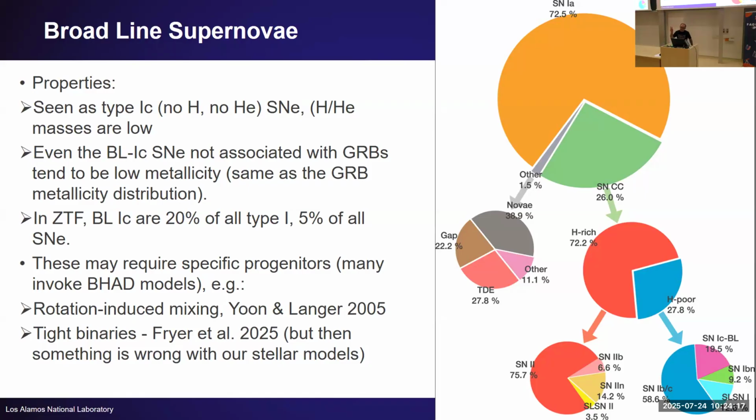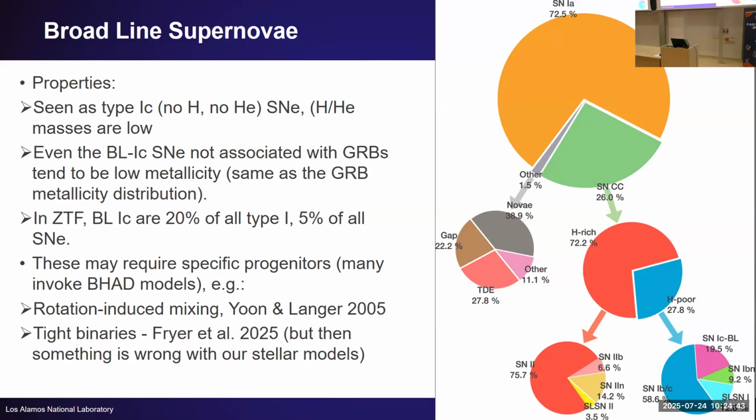But there is a subclass. It's 20% of all hydrogen-poor supernova in the ZTF sample are broad line. So they have fast features to them. Those, a large fraction, about half of those, are associated with gamma ray bursts. So because they're associated with gamma ray bursts, we think those are jet-driven.